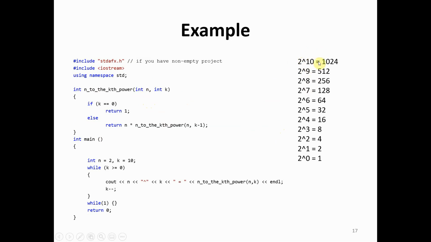If you want to find 2 to power 10, you can think of it as 2 times 2 to power 9. You can think of 2 to power 9 as 2 times 2 to power 8. And you can do that until your k becomes 0. At this point, you have the answer. So this is your base case. If k is equal to 0, return 1. Otherwise, find n times the same function with n and k minus 1.